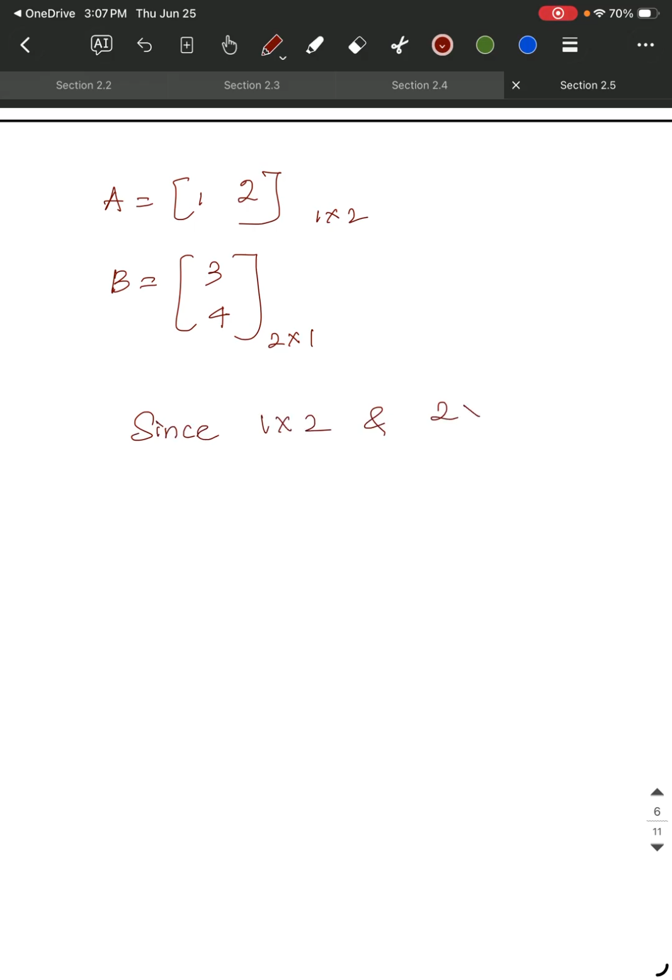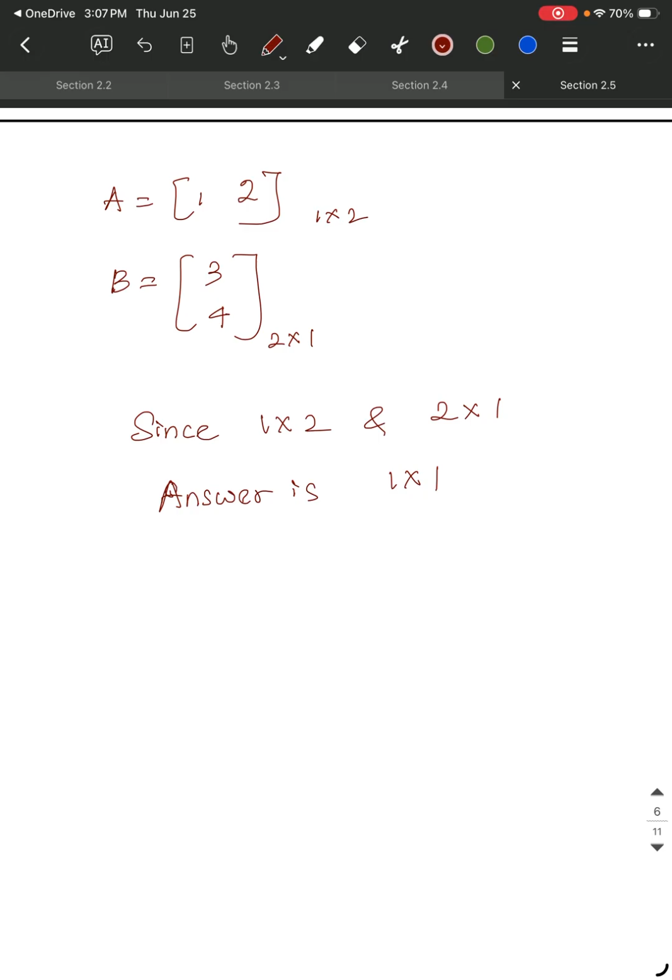Let's go for one more example. Let A equal [1 2] and B equal [3; 4]. First check the size. A is 1 by 2, B is 2 by 1. What size is the answer? The answer is 1 by 1.